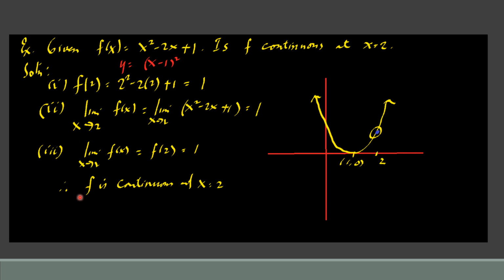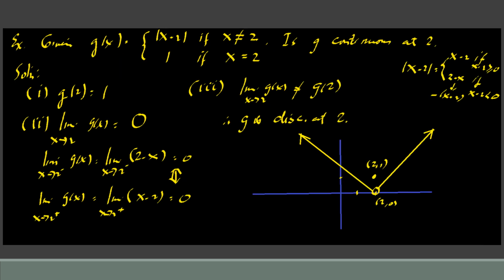So we say that the function f is continuous at x equal to 2. Looking at the graph of the parabola, observe that the graph is continuous as it passes through the point (2, 1). So if there is no break in the graph of the function at the point (2, 1), we can say that, graphically speaking, the function is continuous at x equal to 2.